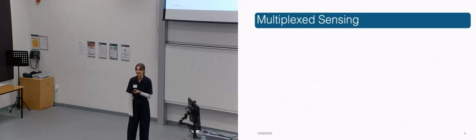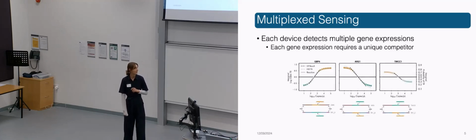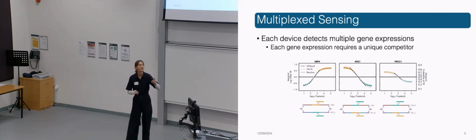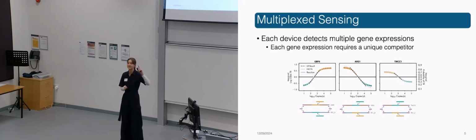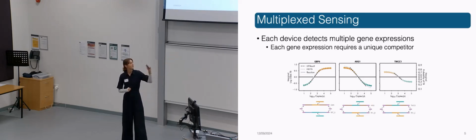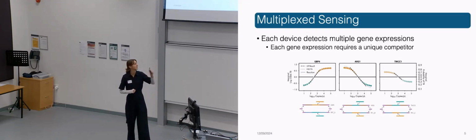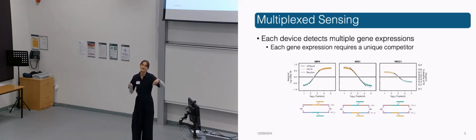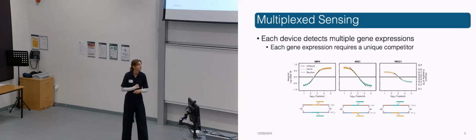Now, we want to be able to multiplex this. Multiplexing just means detecting multiple things at the same time. That's because we've got these different genes. So this is for tuberculosis. There are 3 different genes we want to detect. You'll see that the first one is upregulated if you have tuberculosis, and that's what the log odds are, the log odds of having TB. The second 2 are downregulated, but they're downregulated by slightly different amounts.